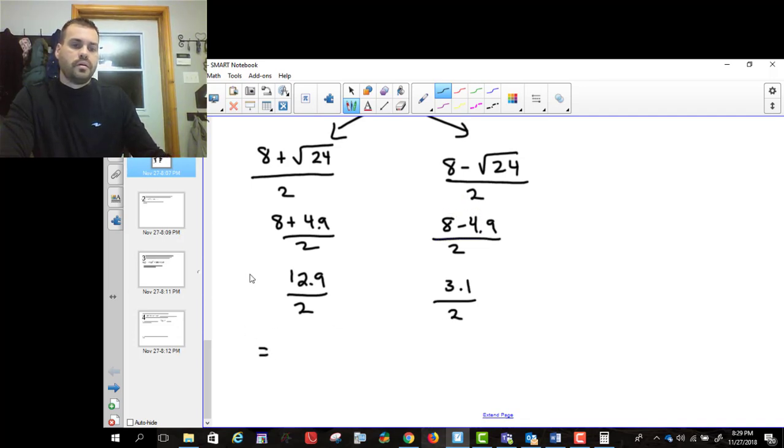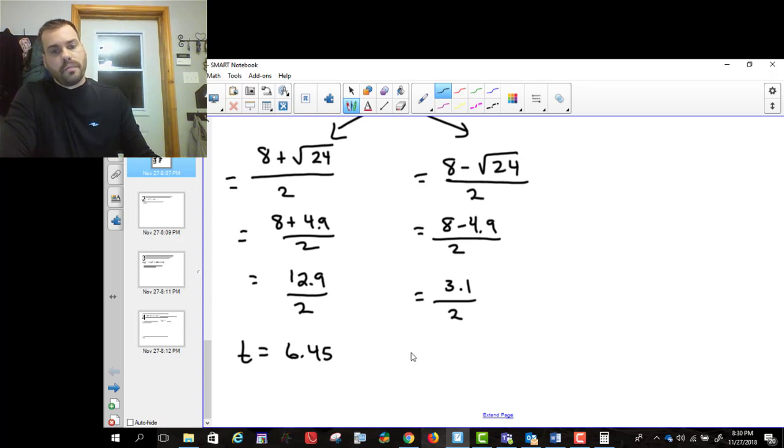T is going to equal 6.45, and then 3.1 divided by 2 is 1.55. So those are our two answers.